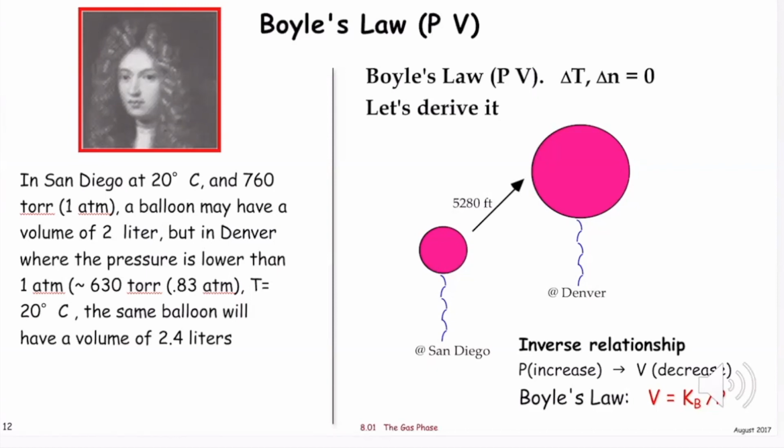That way it's hitting the side of the wall with equal intensity as if it were at that atmosphere. What I'm trying to say here is that there is an inverse relationship between pressure and volume. The higher the pressure, the smaller the volume. Okay, the lower the pressure, the higher the volume. So that, in a nutshell, is Boyle's law.